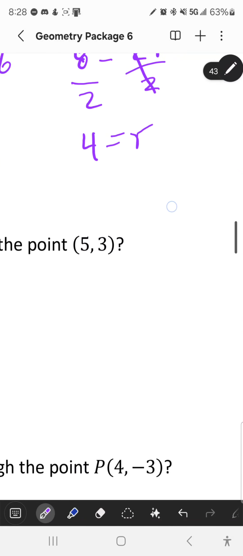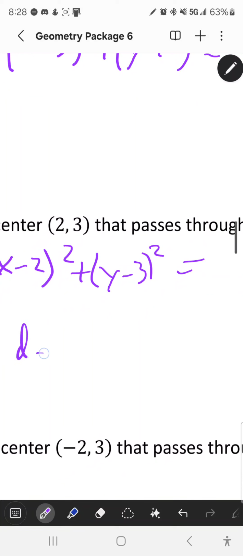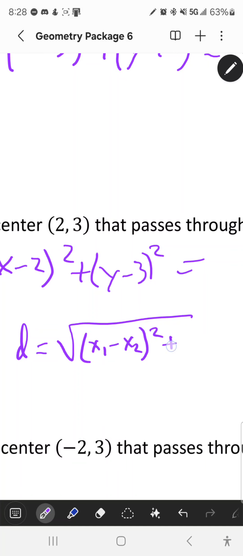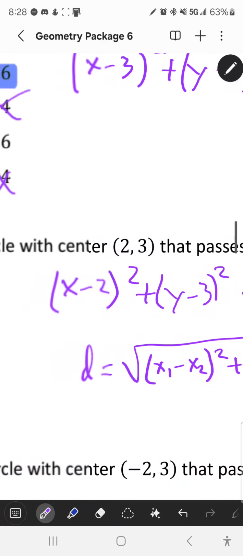Now let's see. We need to use the distance formula. Distance equals the square root of x1 minus x2 squared plus y1 minus y2, or y2 minus y1, it doesn't matter, squared.